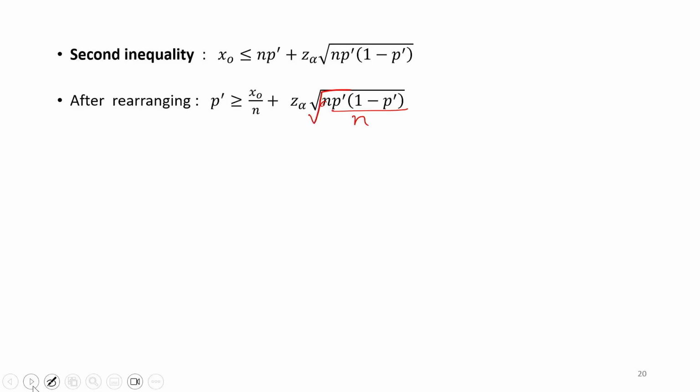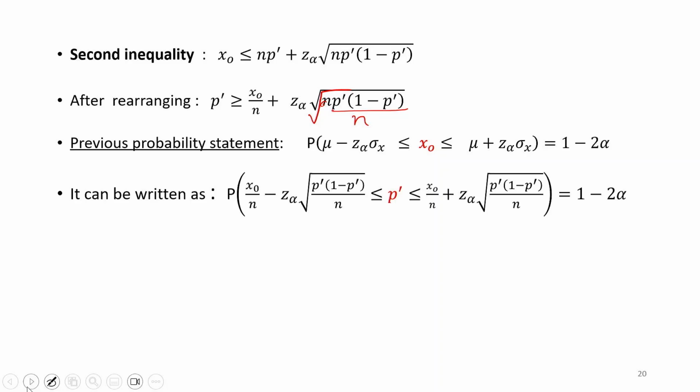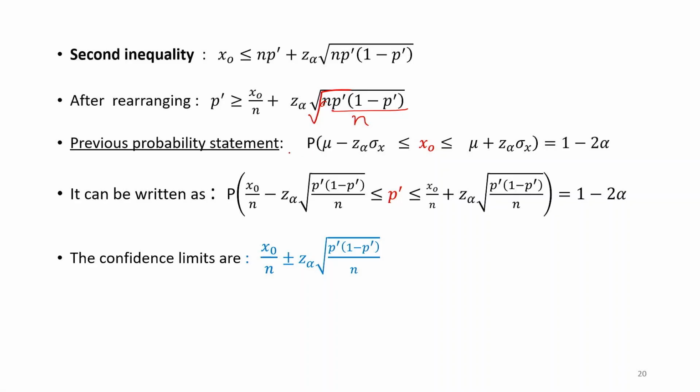So after rearranging the equations, the previous statement was X0 between these two limits, such that the area outside the limits was 2 alpha, and inside it was 1 minus 2 alpha.